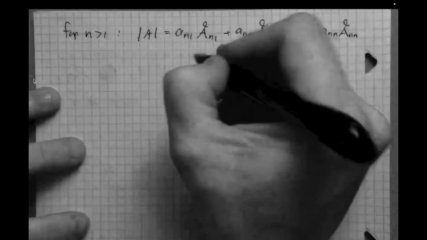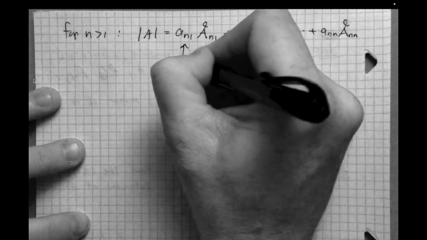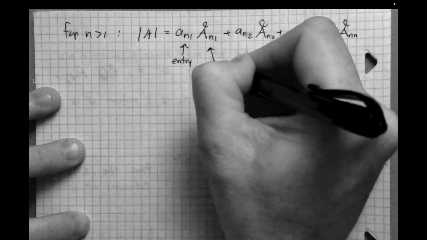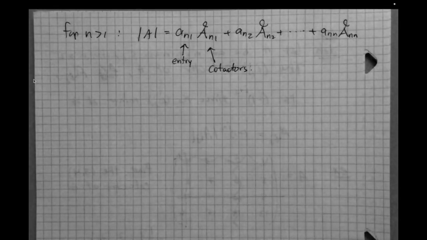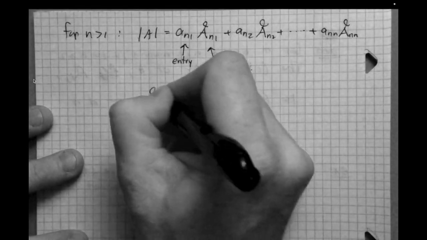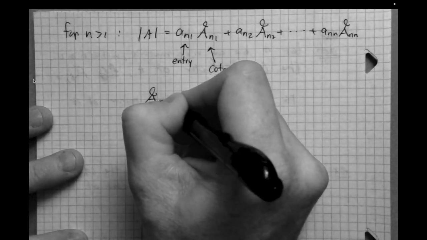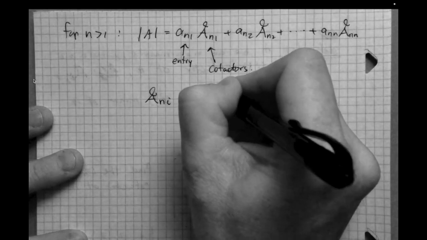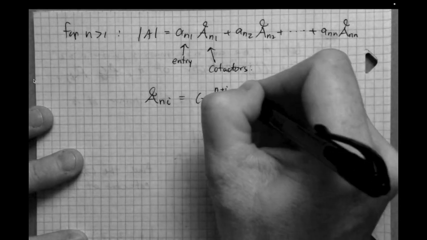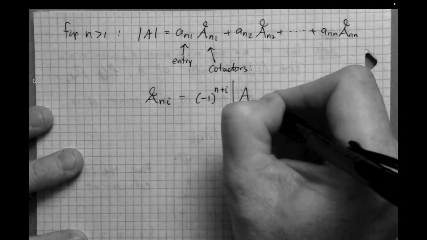Okay, and so these are entries, these are cofactors. Now recall, very important, A_ni is equal to -1 to the n plus i power times the determinant of the ni submatrix.